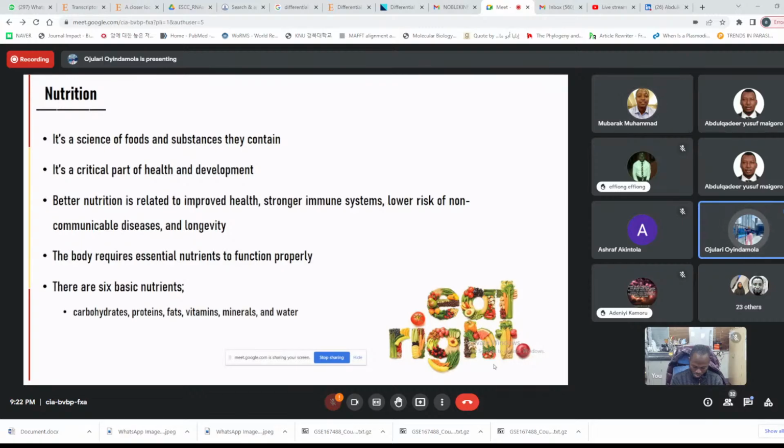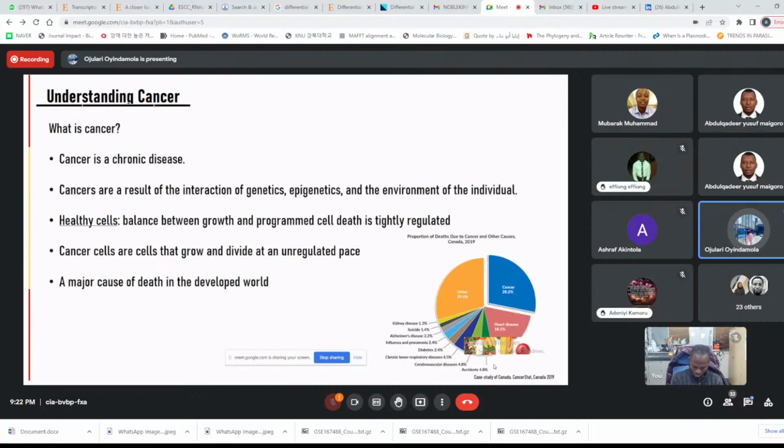So before we understand the impact of nutrition on cancer, first, let us familiarize ourselves with this word cancer. What do we know about cancer? Of course, we know that cancer is a chronic disease, and one of the things that, or should I say how, cancer comes about is the interaction of genetics, epigenetics, the environment, the food we consume, like I said, and like the other speaker previously said, I would like to borrow that word dysbiosis.